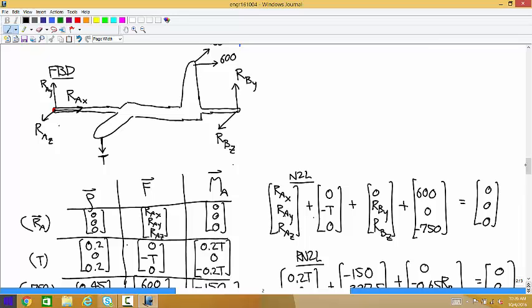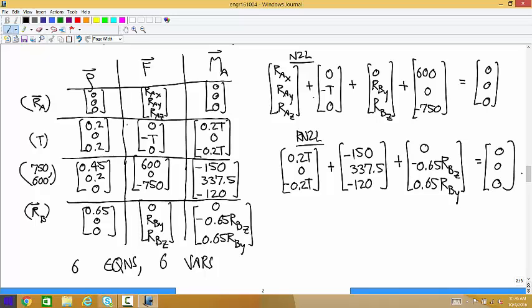But from here, you're just using reduced row echelon form to solve for those variables. Any questions about that one?